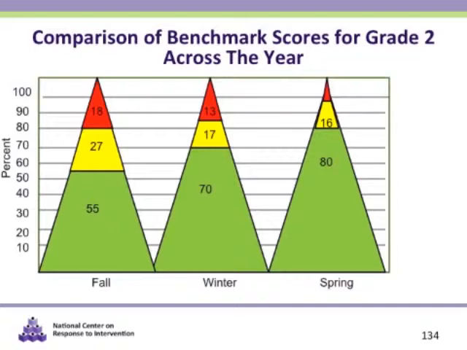So what we could say is, well, it appears that instruction in grade 2 is effective. The district may also be concerned, though, why is it the majority of students enter grade 2 not on target or not established for readiness for grade 2? So what happened in first grade? Why is second grade having to catch up?